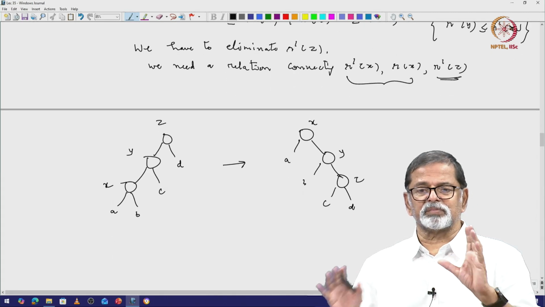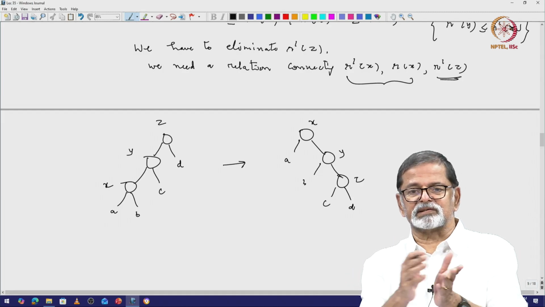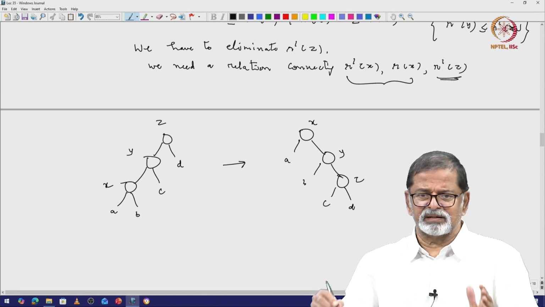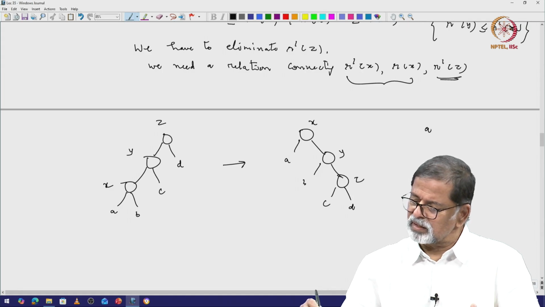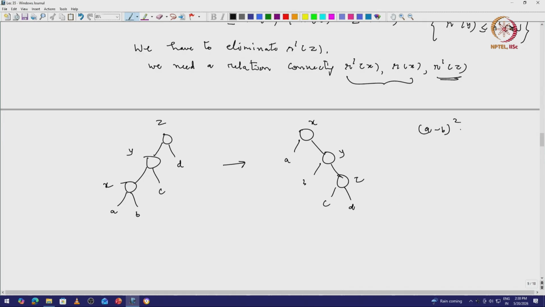We need one property of the log, because r of x, r of y is the log of quantities. For any real numbers a and b, a minus b whole square is greater than or equal to 0, or that means a plus b square minus 4ab, which is a minus b whole square, is greater than or equal to 0.